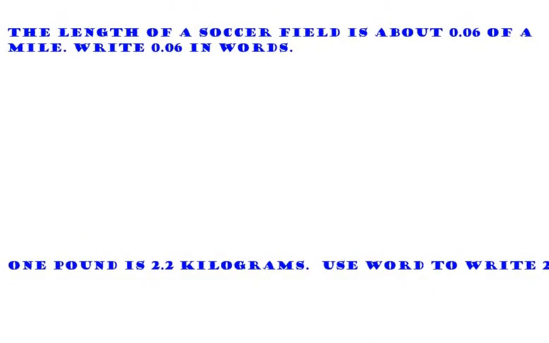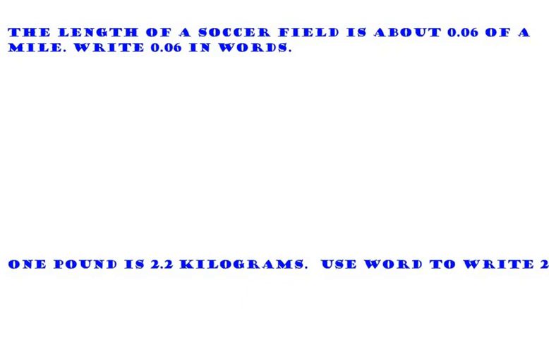As we continue working with this, we can think about this in terms of, well, how do we verbally do this? How do we put decimals into words? It says the length of a soccer field is about 0.06 of a mile. Right? 0.06 in words. Now we don't say 0.06. Really, the correct way to read that is 6 hundredths.